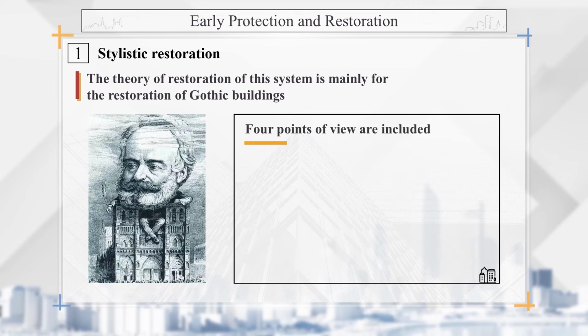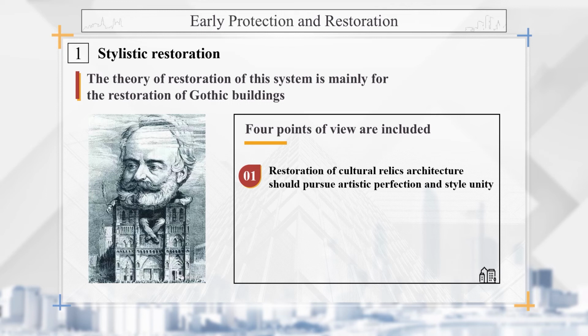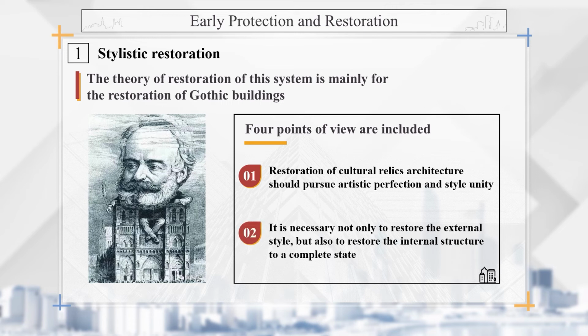Four points of view are included. He believes, first, restoration of cultural relics architecture should pursue artistic perfection and style unity. Second, it is necessary not only to restore the external style, but also to restore the internal structure to a complete state.